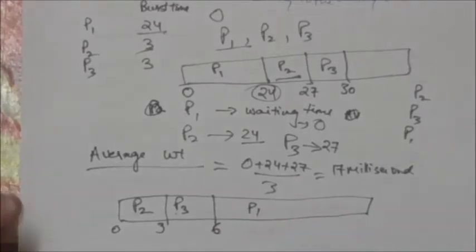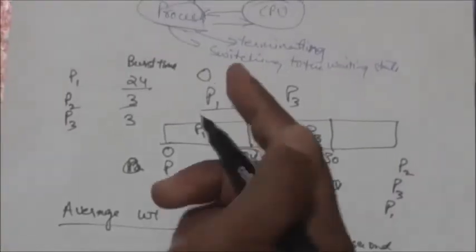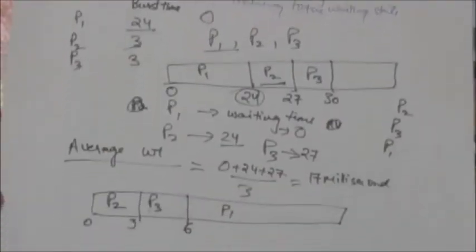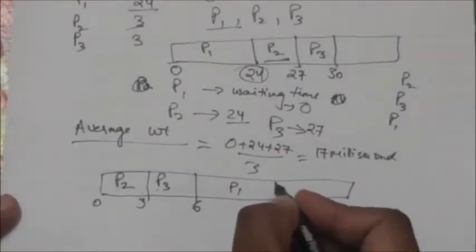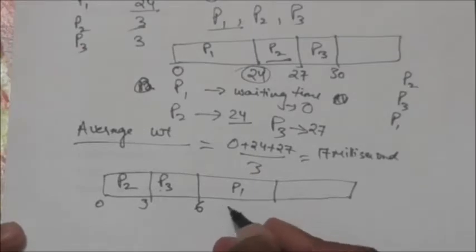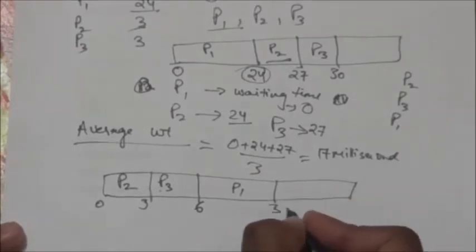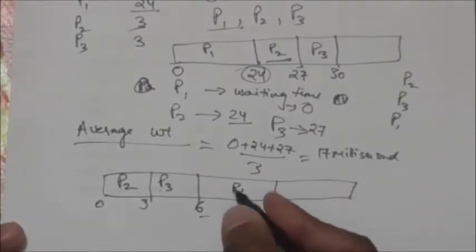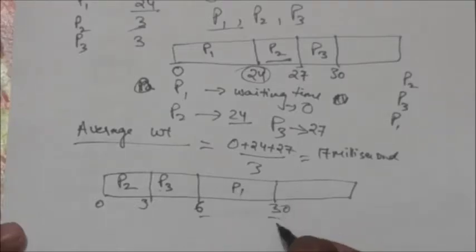The burst time of process P1 is 24, so the CPU is allocated to process P1 for 24 milliseconds. At time 30, process P1 will release the CPU.